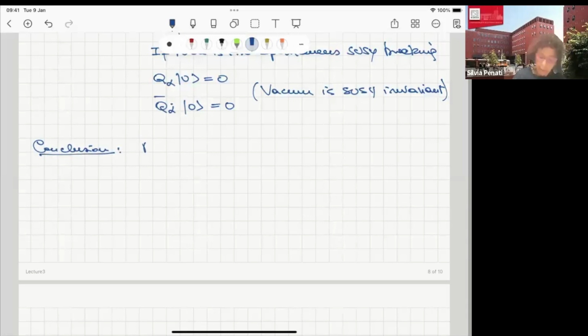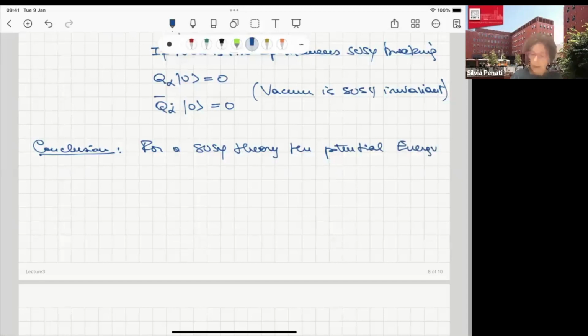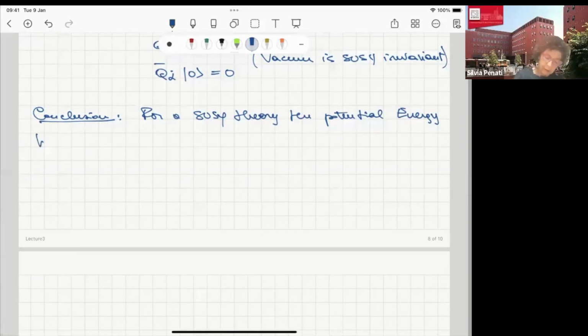Conclusion for a supersymmetry theory. The potential energy has to be of the form.